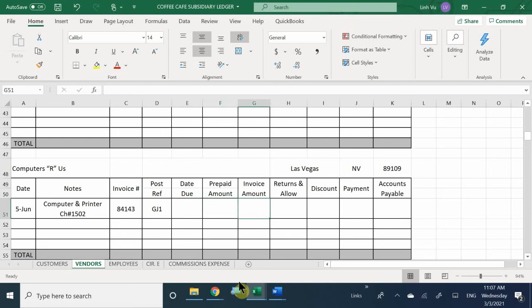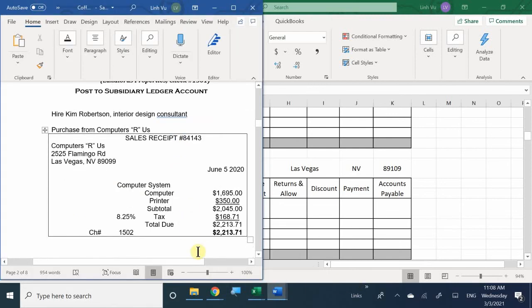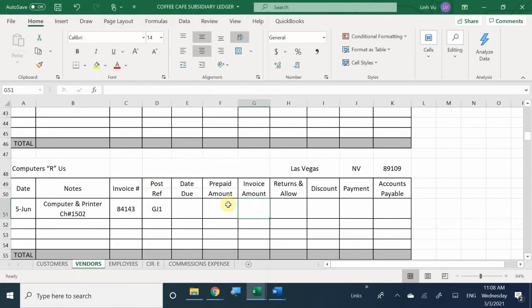But what was my total amount on my receipt? What was the total amount written on my receipt? 2,213.71, so that's going to be my invoice right here. 2,213.71 is going to be my amount in my invoice.